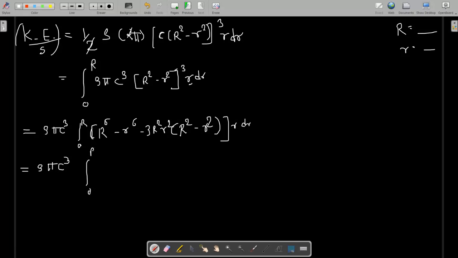integration 0 to R. Now take this r inside, so you will get small r into capital R raised to 6 minus small r raised to 7 minus 3 r raised to 4.